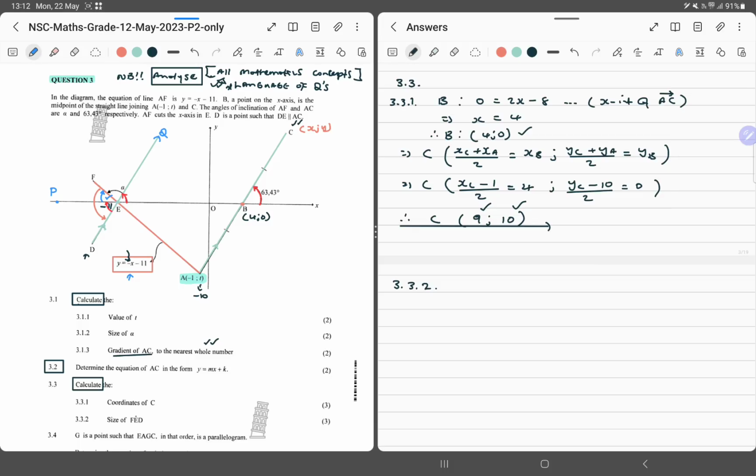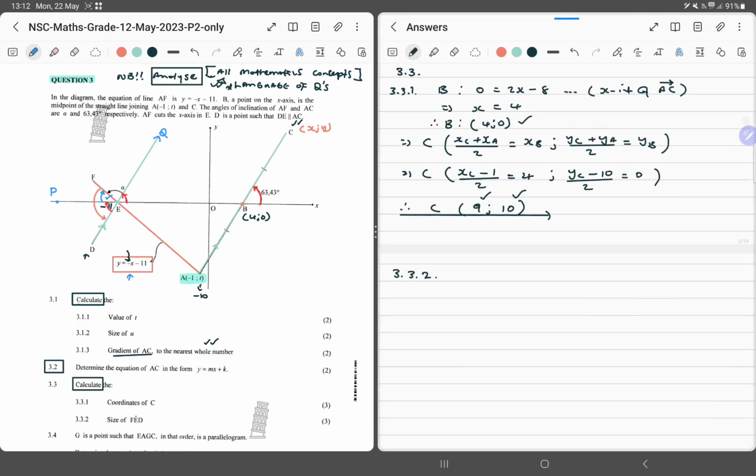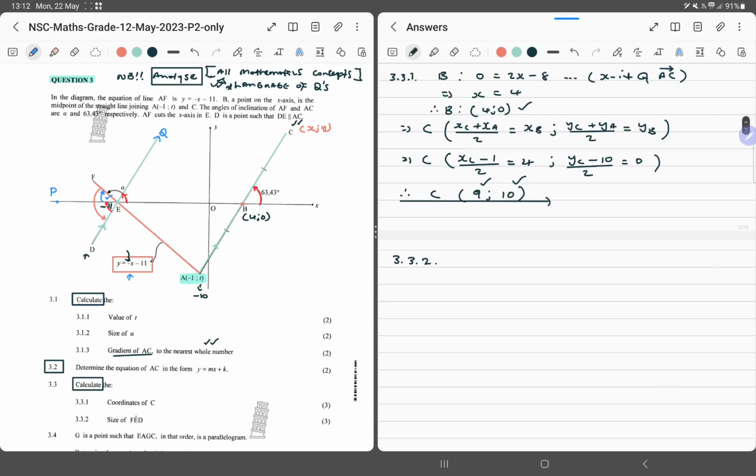Okay, not a problem. So what we're going to say here, first of all, we want to explain our construction. We're going to say, let P be the point on the x-axis as shown.